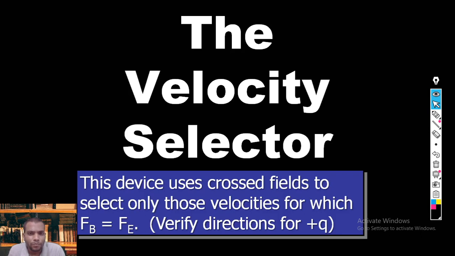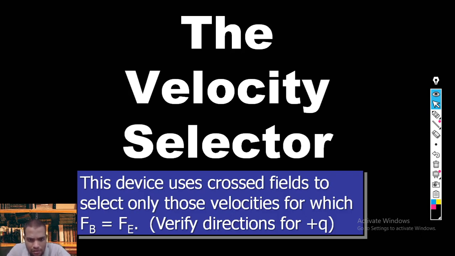Through them you release electrons with many different velocities, but if you desire only one particular velocity for your experiment, that velocity of the electrons can be controlled by the applied electric field and magnetic field.